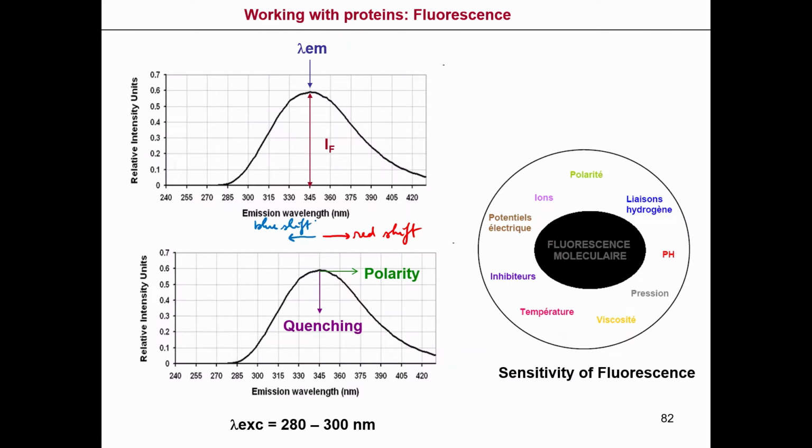Okay, we will have an exercise, but I want to explain that because maybe you have not understood. So it's called solvatochromic. So it depends on the polarity of the environment.